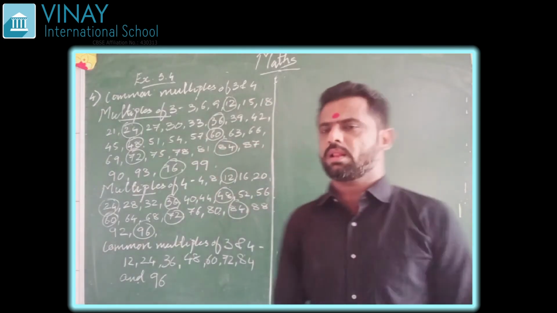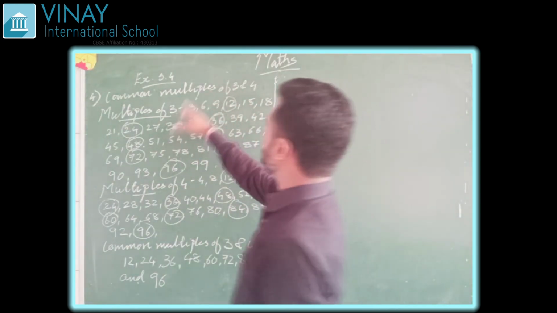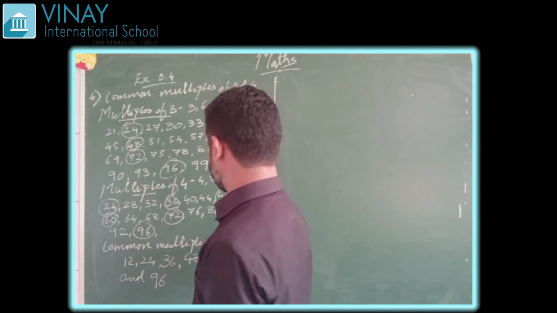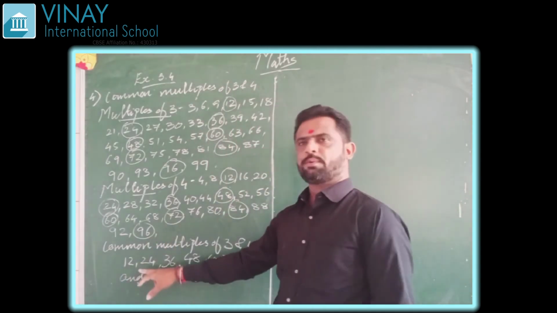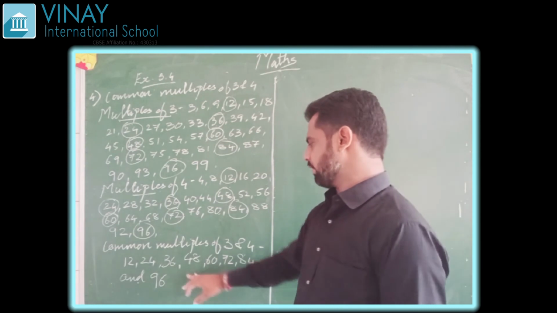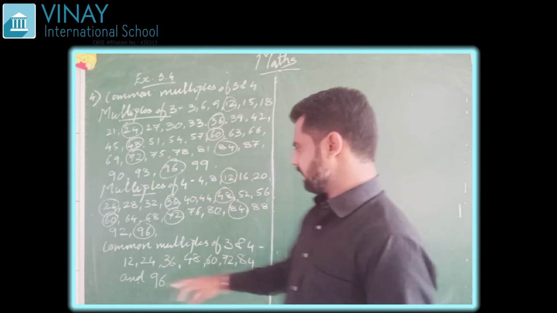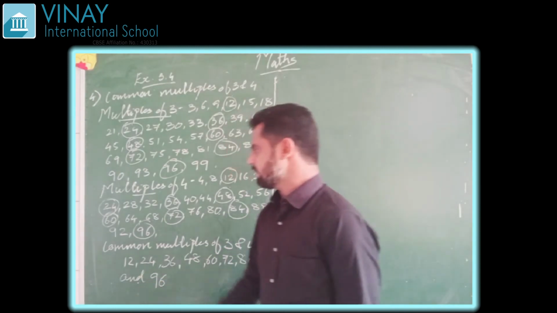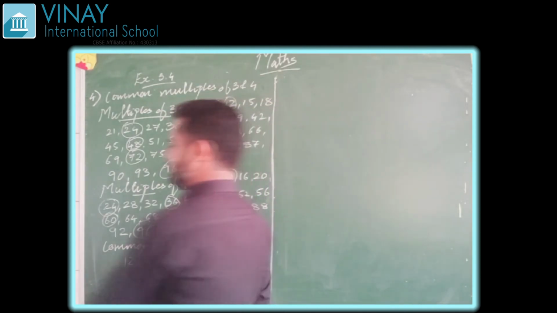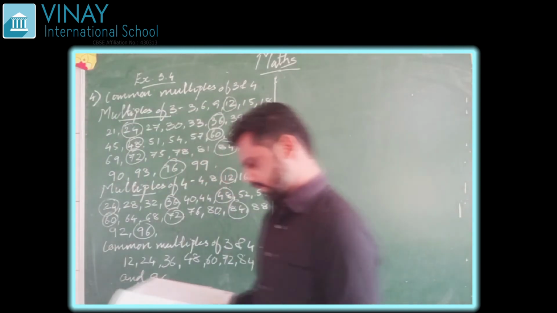So the common multiples of 3 and 4 less than 100 are 12, 24, 36, 48, 60, 72, 84 and 96.